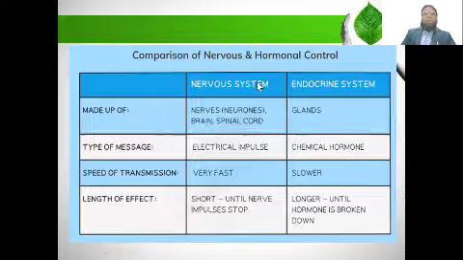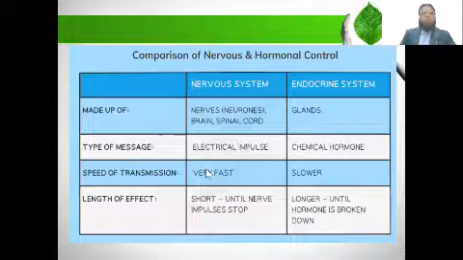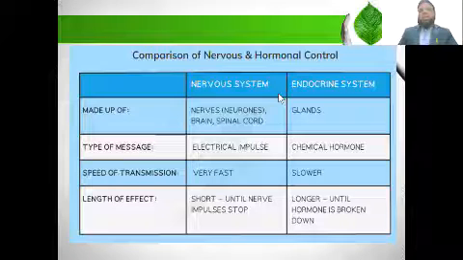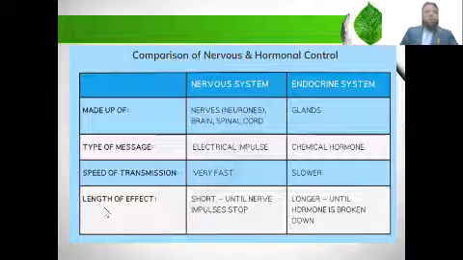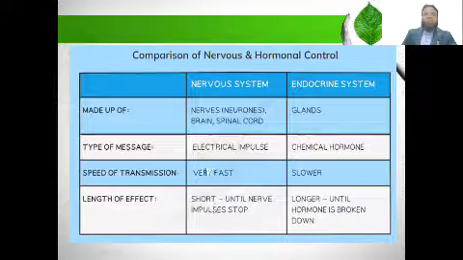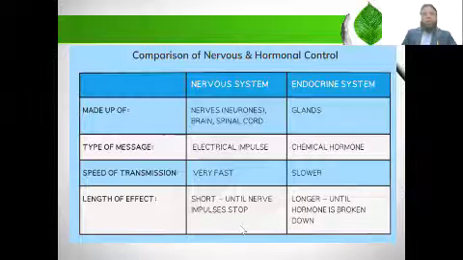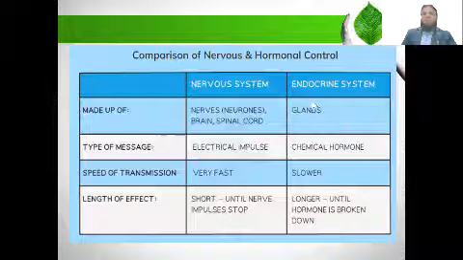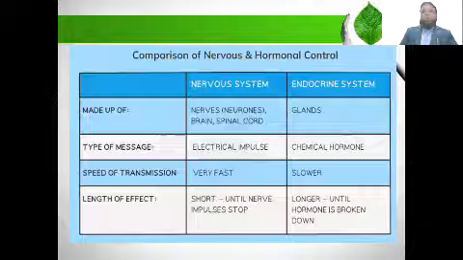In the nervous system the speed of transmission is very fast, but in the endocrine system the speed of transmission of messages is very slow. And what about the duration of the effect? The nervous coordination lasts just for a short period of time, but the endocrine system affects for a long period of time.